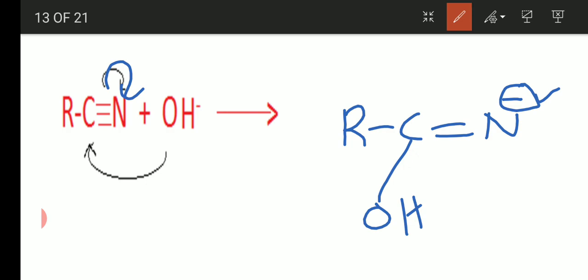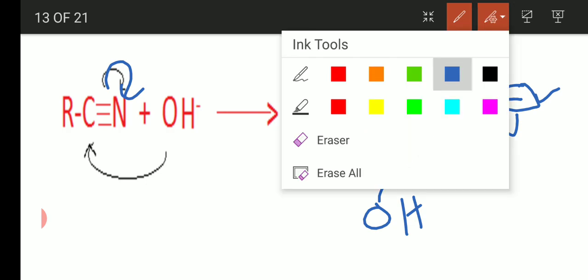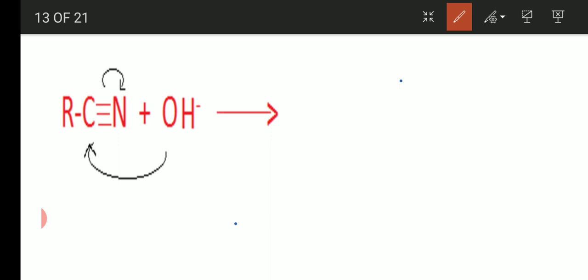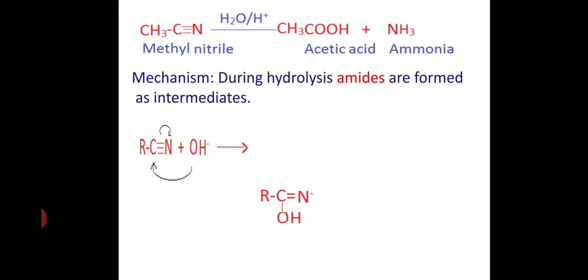So the resulting compound is like this: R C bond OH, double bond N minus.